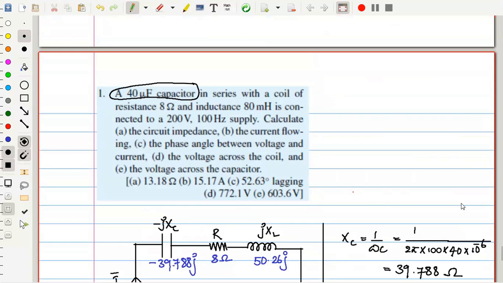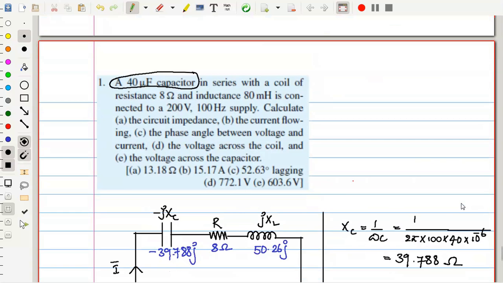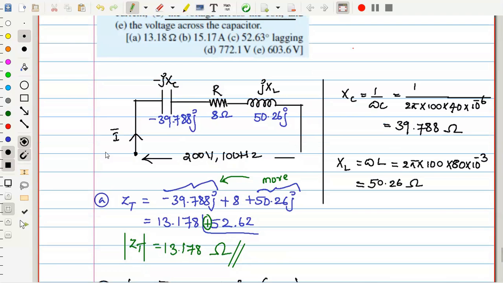Right. So C is over, now D: voltage across the coil and voltage across the capacitor. This is a little tricky. Voltage across the coil is nothing but voltage across the R and L. Why? Because they said initially that this entire thing is the coil, which I am putting in green dotted lines.